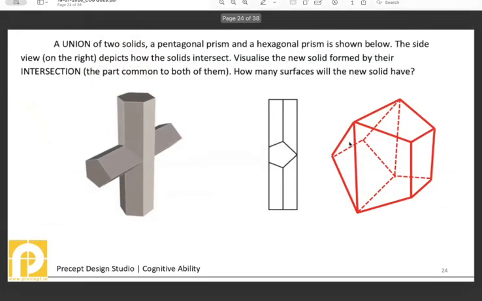So this is how the new solid will be formed. So when I cut the intersection and start mapping it, this pentagonal prism will be broken into 2 parts. One triangle here, and then another trapezium here, which will be formed like this. The same pentagon also happens on 2 sides. So one surface, second surface, third surface, and fourth surface.